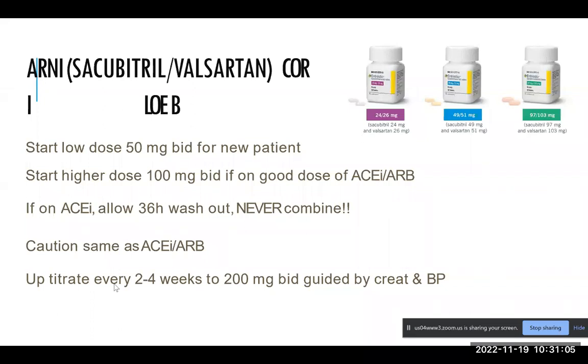If he's on ACE, you should allow a 36-hour washout, and you should never combine those two medications. Caution is the same as ACE and ARBs. You should up-titrate every 2 to 4 weeks to a maximum dose of 200 milligram BID, guided by creatinine and blood pressure.